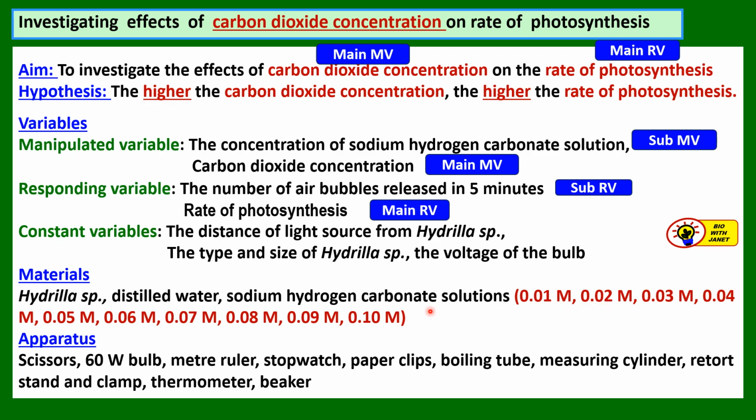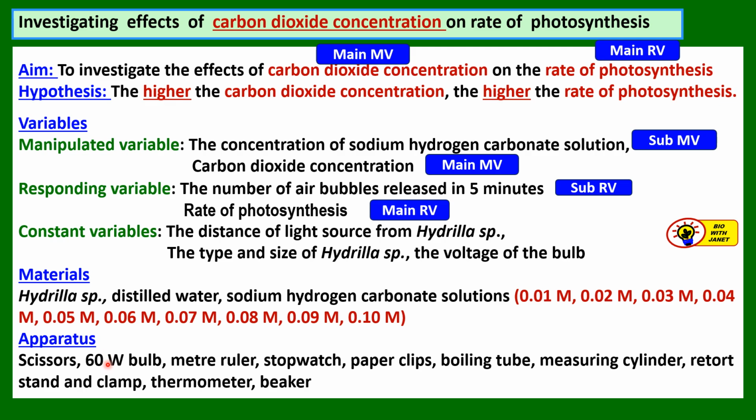You won't be able to do all in a short time to test all of them. But in our practical exam, probably they may ask you to determine the number of air bubbles released in 5 minutes, maybe from 3 solutions only, because there's lack of time and you have to answer the questions.